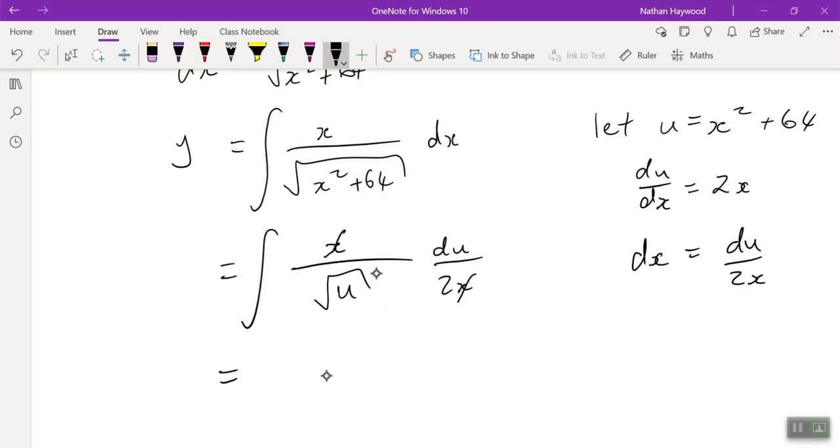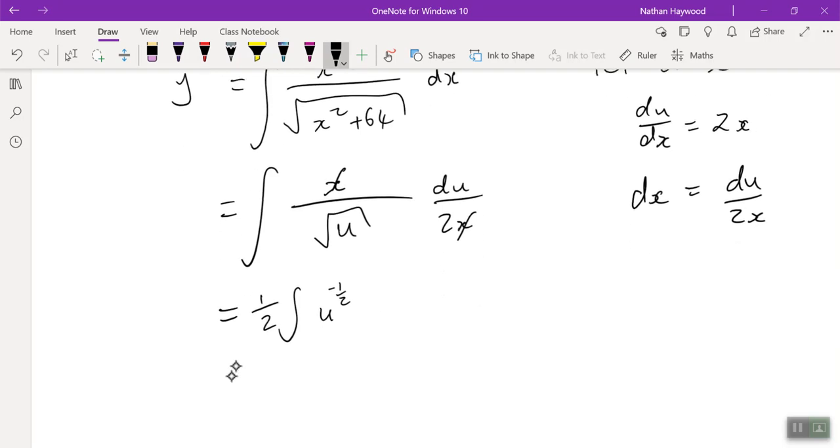So what does that integrate to? We can bring the 2 out the front. So we add 1 to the power, and we divide by the new power. So I added 1 to the power, I divided by the new power.